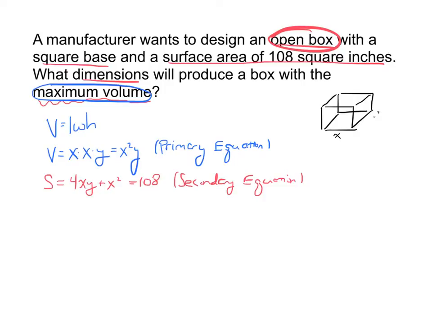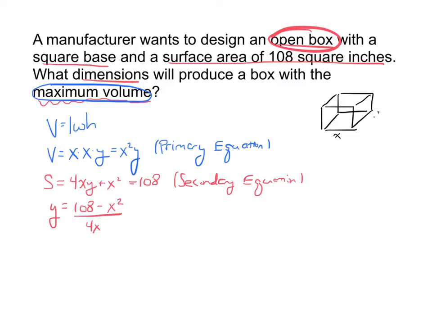So what we're going to do is take this system of equations and rewrite our primary equation just in terms of x. And we can do that if we solve our secondary equation for y. So y should be equal to 108 minus x squared over 4x.